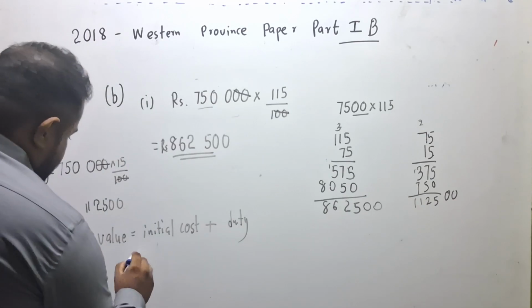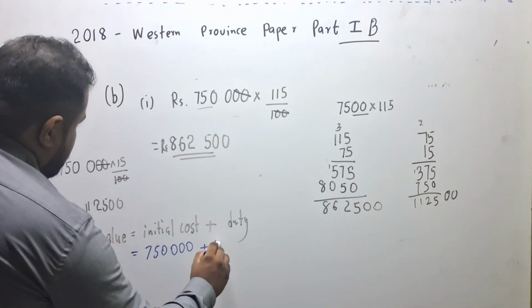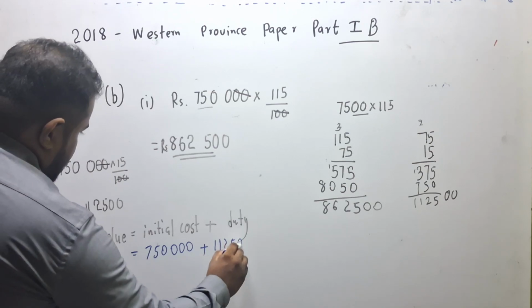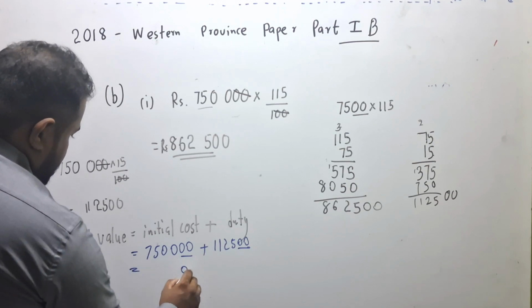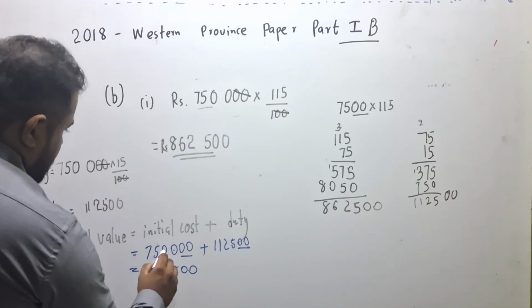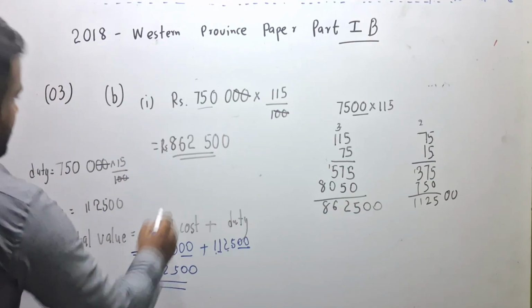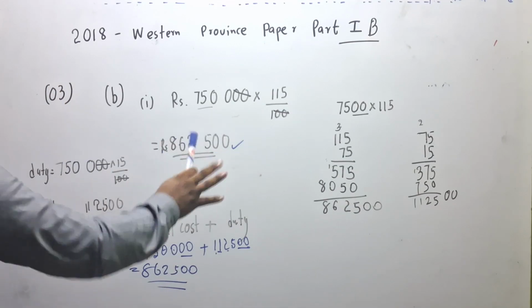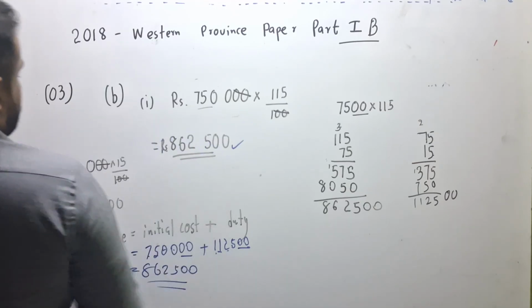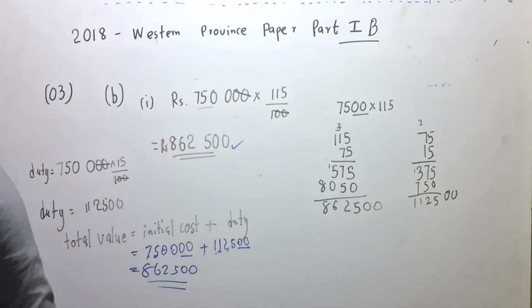When you add 750,000 as initial cost to 112,500, what do you get? 2 zeros, 2 zeros, 0 and 5, 5, 0 to 2, 5, and 6, 7 and 8. You are getting the same answer. But you are getting different times. For one you get a small time, for the other you take much more time. So I recommend you to use this method.